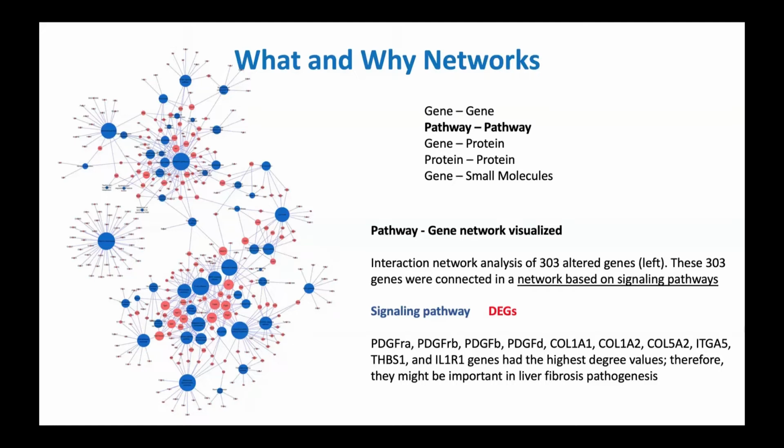And we are looking at 303 altered genes. So I understand those are only differentially expressed genes, and they're connected in a network based on signaling pathways only.